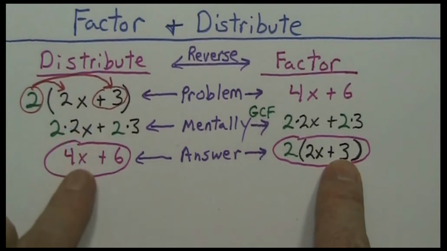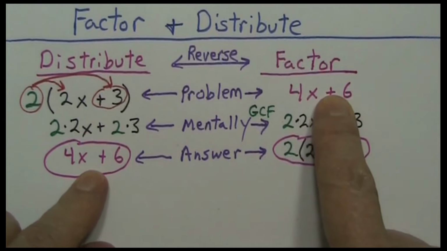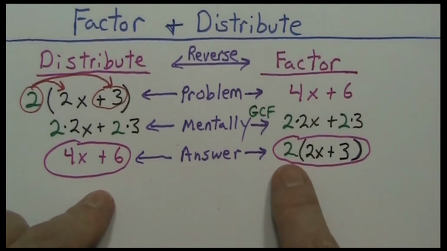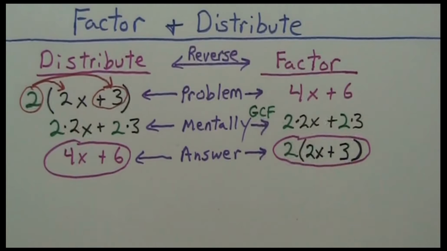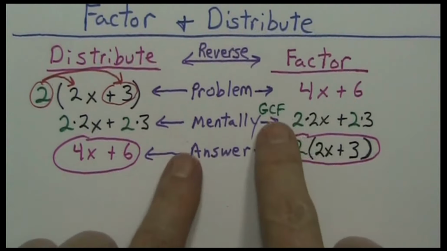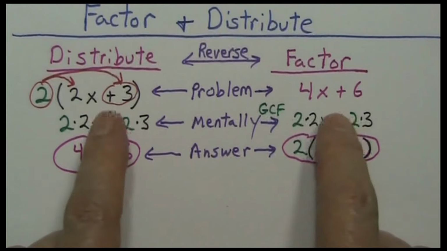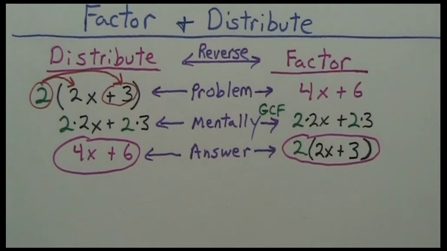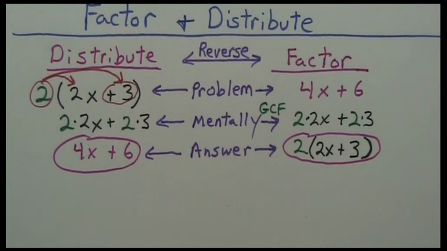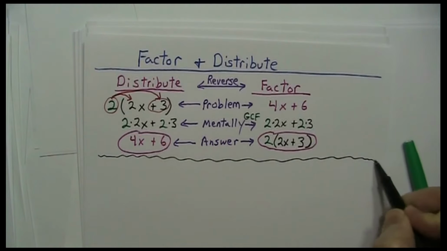And when you finish, you end up with this answer, which is the same as this problem. So you're going backwards, right? You're going in reverse. But you don't have to do all these mental steps. You don't have to write that out. That's just what we do mentally. I just want you to see that. Okay, so now that you have that picture, we'll do some examples down below.